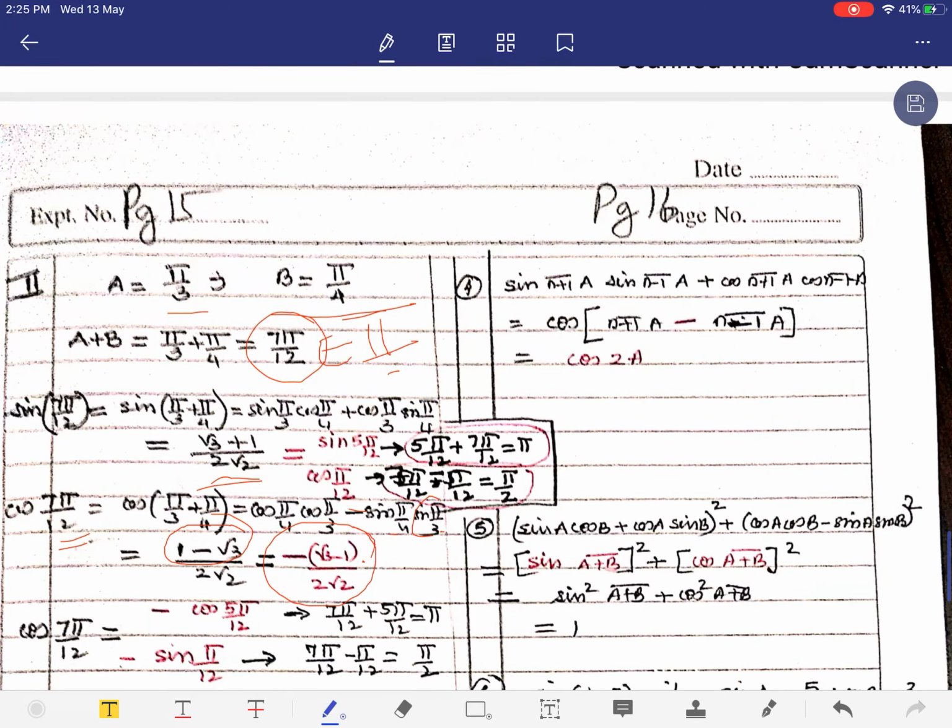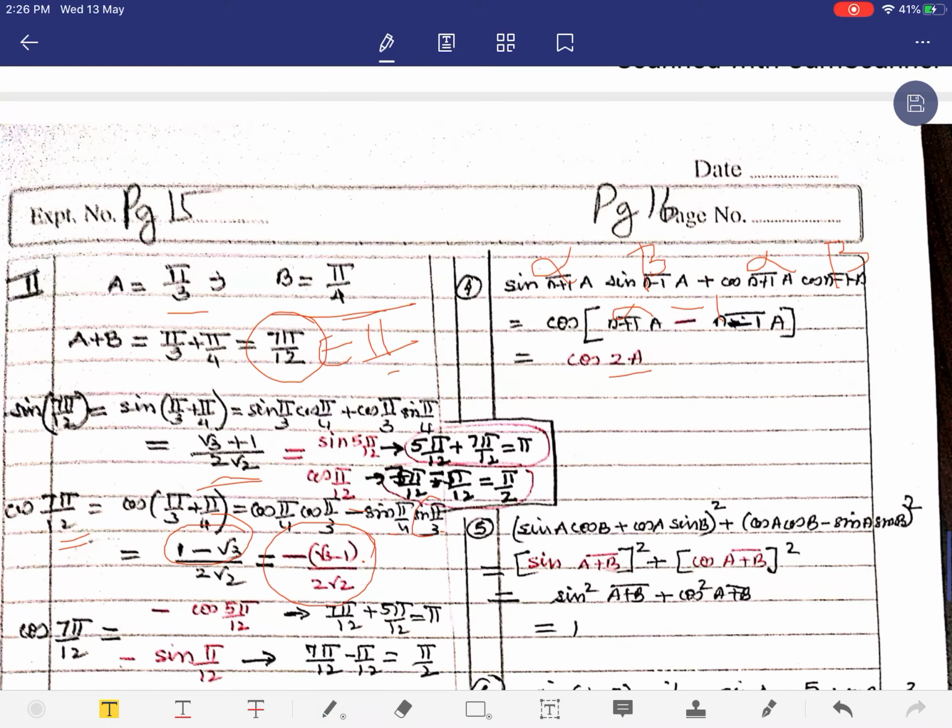Next question, sine alpha sine beta plus cos alpha cos beta. The question has alpha and beta in it, so I am reading it in a different format. This is nothing but cos of alpha minus beta. So, it is reduced to 2A.